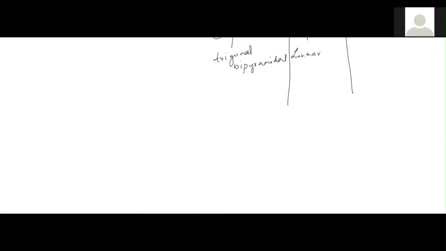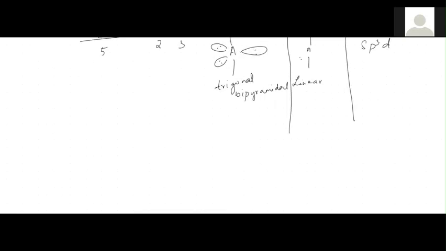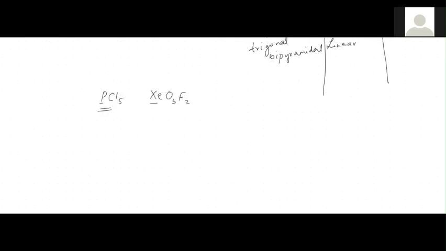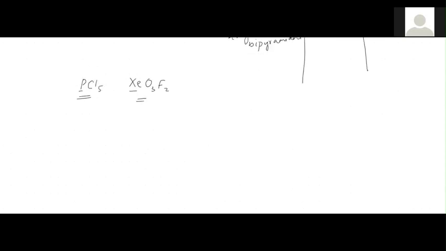Now, moving on further, just a small piece of information. Suppose I have PCl5 and xenon oxyfluoride. In both of them, the central atom is surrounded by 5 atoms. But in the first case, PCl5, all are identical atoms. In the second case, all are not identical atoms. So how do you decide where to place the atoms?